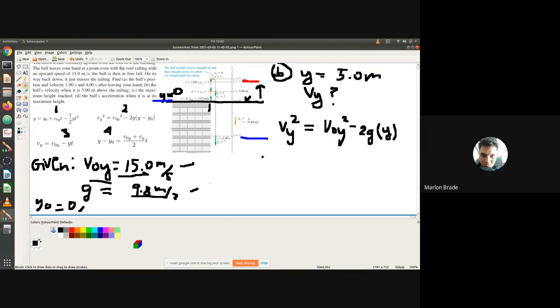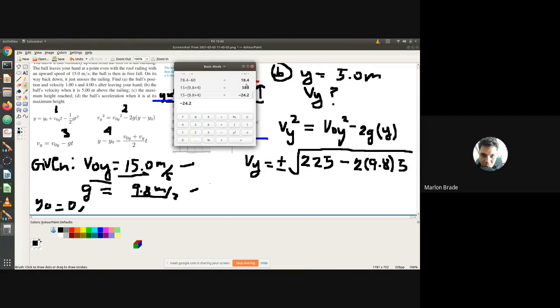So which means that Vy is equal to positive or negative the square root of v naught y squared minus 2gy. What is your v naught y? V naught y is 15. 15 times 15, this is 15 squared, 225, right? 225 minus 2 times 9.8. What is y? 5. Okay.